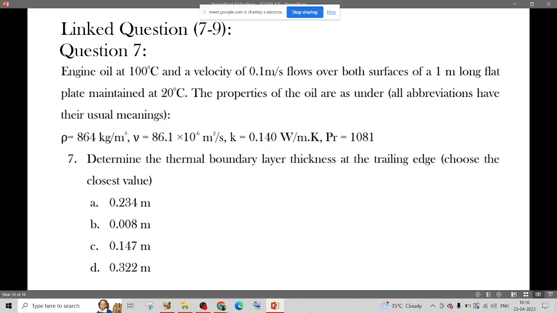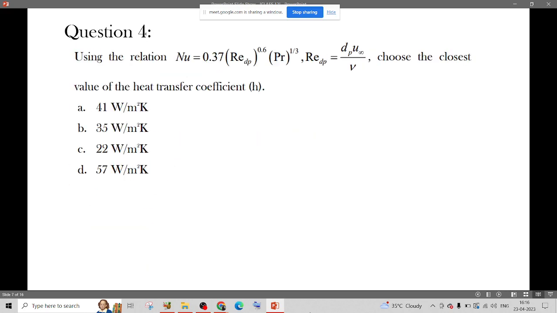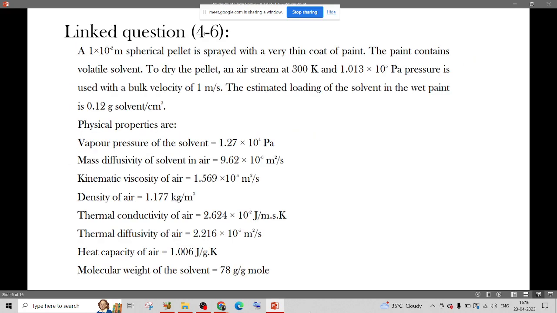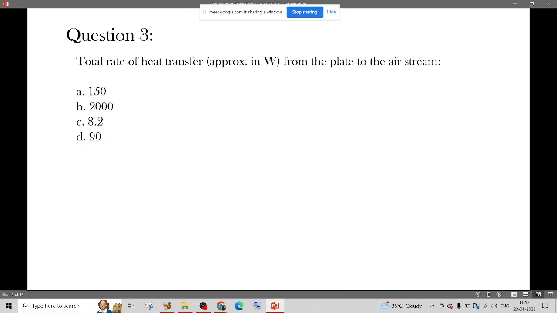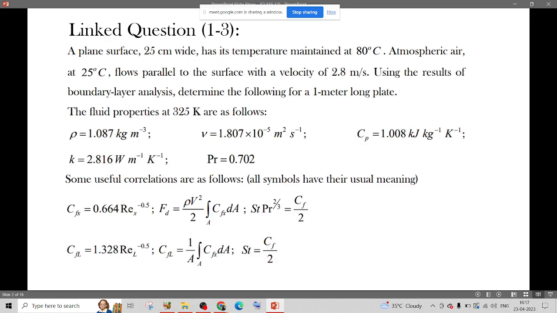For the local heat flux, you already know the equation. Let's proceed to problem 3. This equation only we will be using.